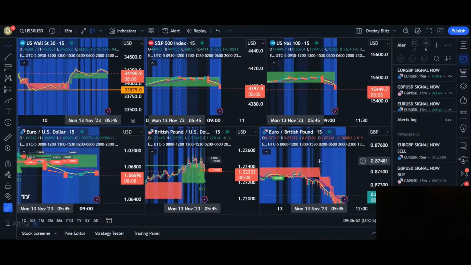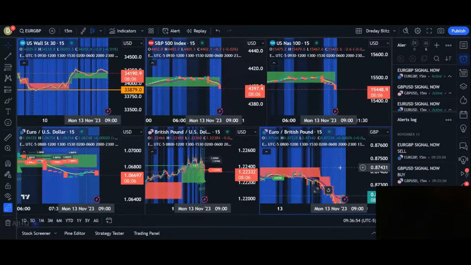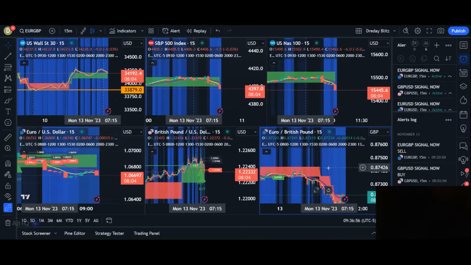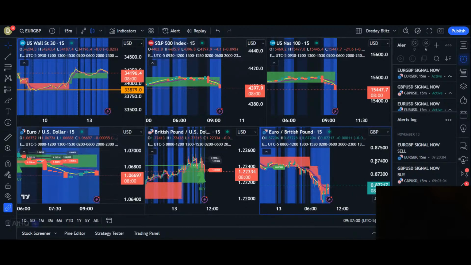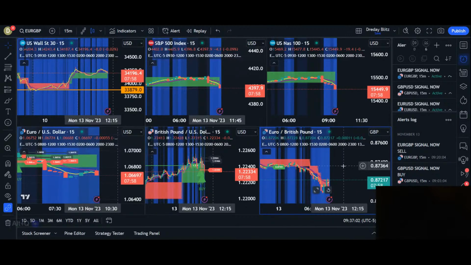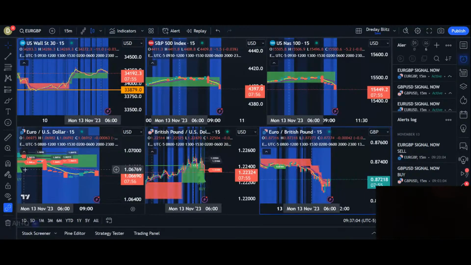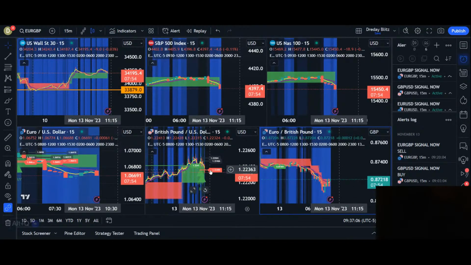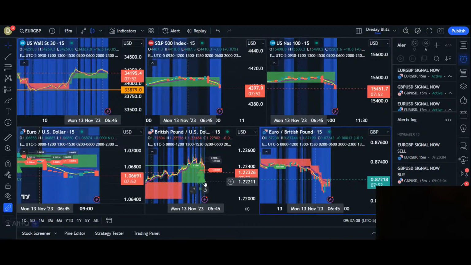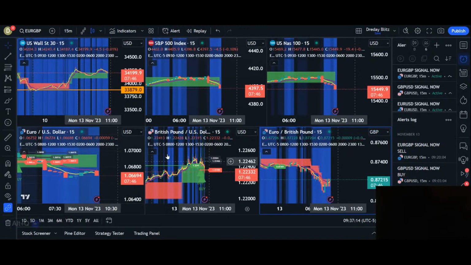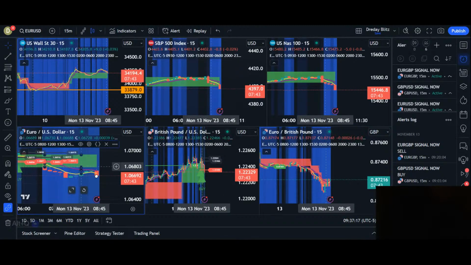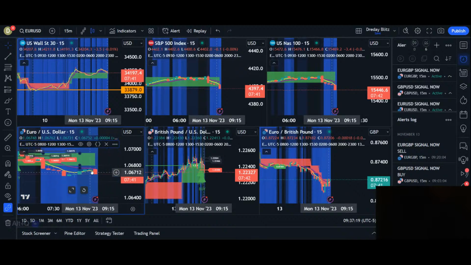GBP. The reason why I'm adding those three is because they are correlating to each other, meaning that if EU and GU are bullish, most of the time EU GBP is bearish, and the same thing for the opposite.